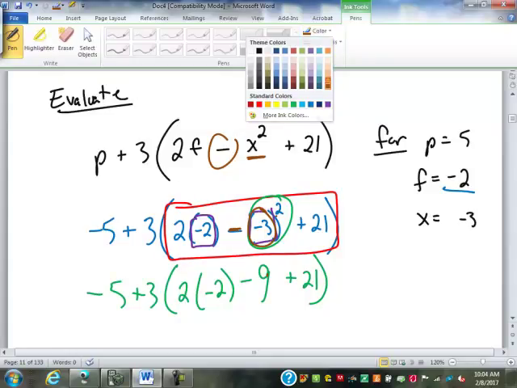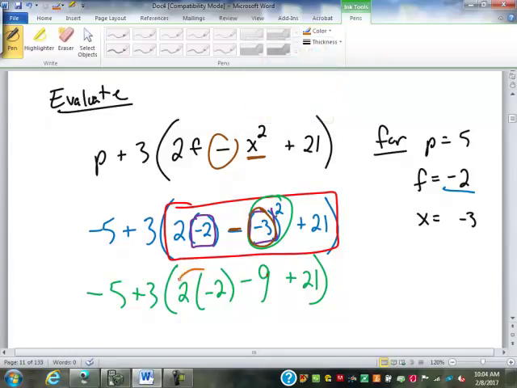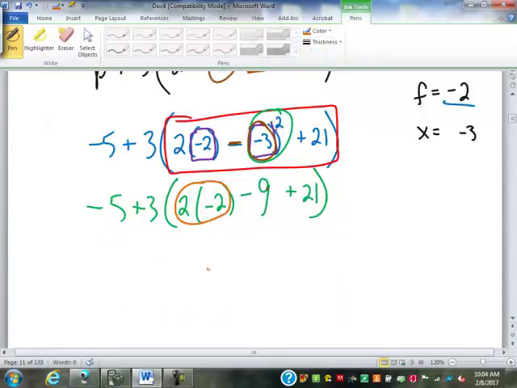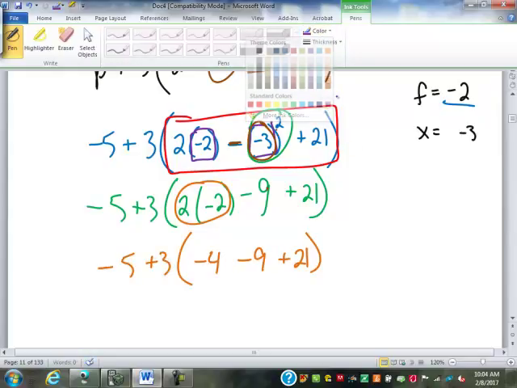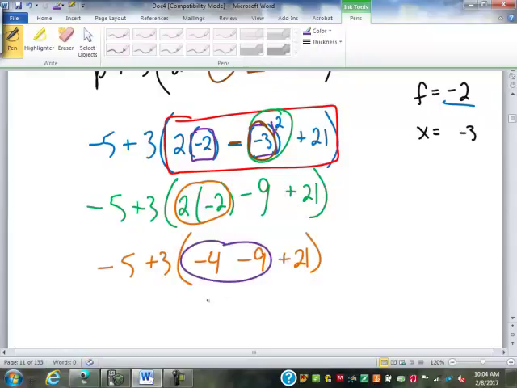Now inside the parentheses, I have multiplication. 2 times negative 2 is negative 4. Still in the parentheses, moving left to right. Negative 4 minus 9. Negative 13. Next.